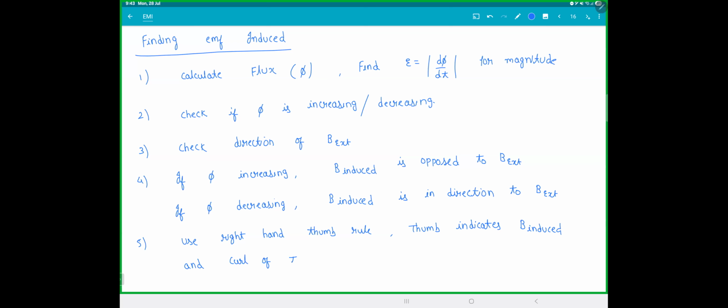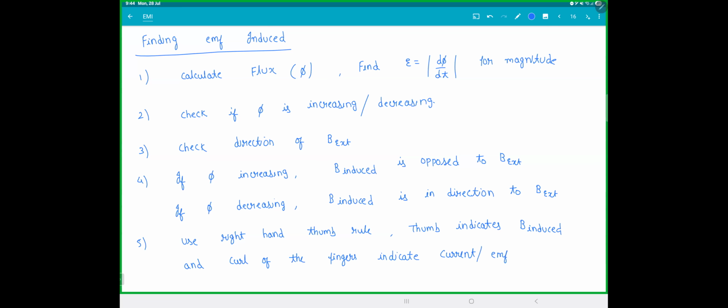Curl of the fingers indicates current or the EMF. Clear? If you follow the steps, you will get everything.